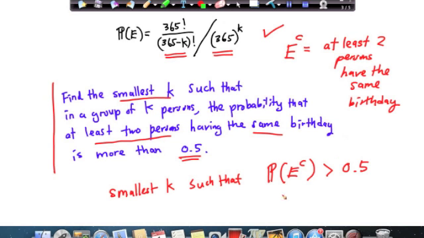All right, we know the expression for the probability of E. Also, we know that the probability of E and the probability of the complement sum to 1. So we can write the left-hand side as 1 minus the probability of E more than 0.5. Instead of solving this algebraically, we are going to find this by tabulating the values for different k.